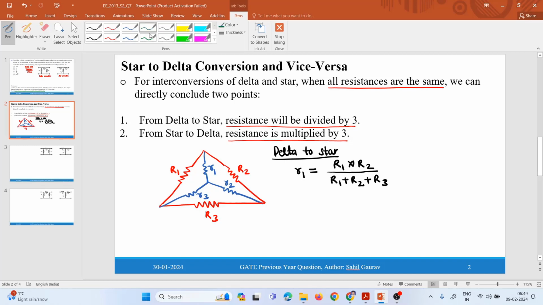This is the equivalent star resistance value.